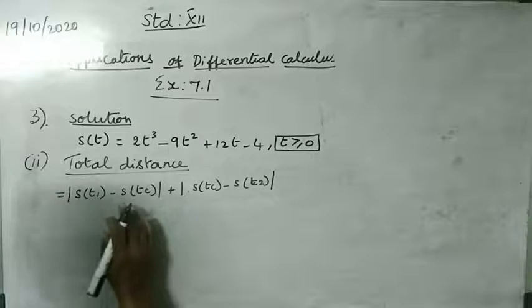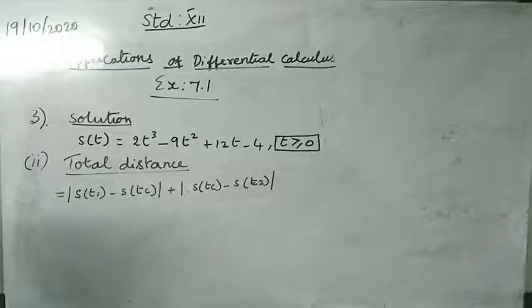Now, we want that when v is equal to 0, t is equal to 1, 2. But the question is, what is the total distance travelled by the particle in 4 seconds? So the question is in the first 4 seconds.